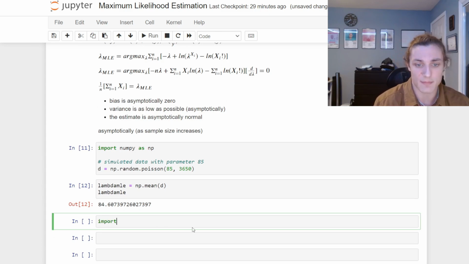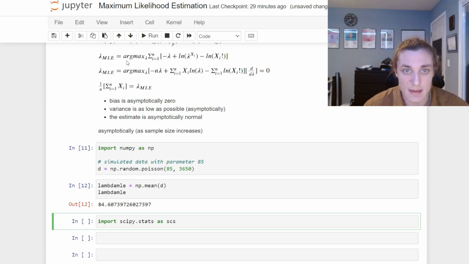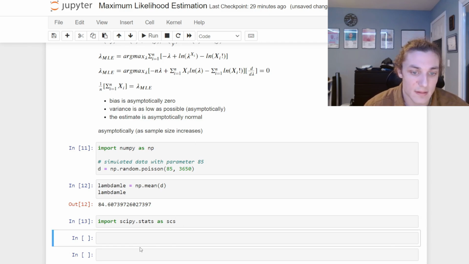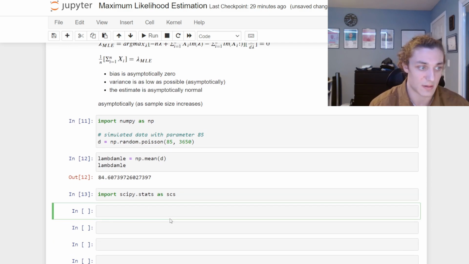So I'm going to say import scipy.stats as scs, and then I think it is scs.poisson. Yeah, scs.poisson. So we're defining the distribution here. We're saying lambda MLE. So this will be P.